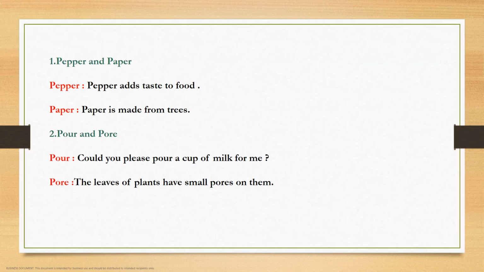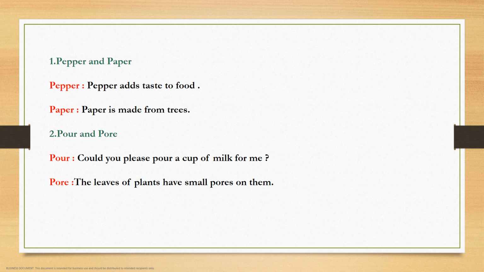Examples. The first set of words I have chosen is pepper and paper. Do you know what a pepper is? What does it remind you of? Salt and pepper, remember? Yes, so pepper is a spice.